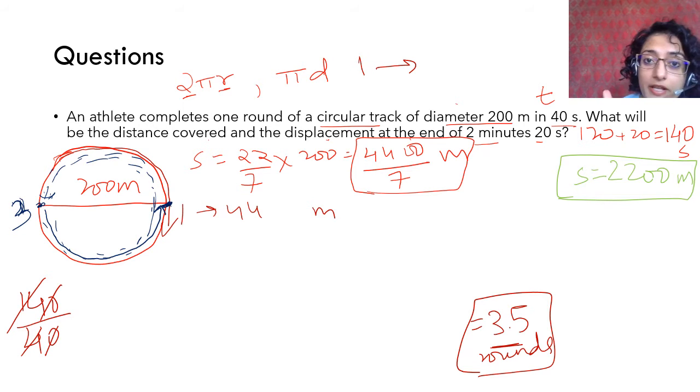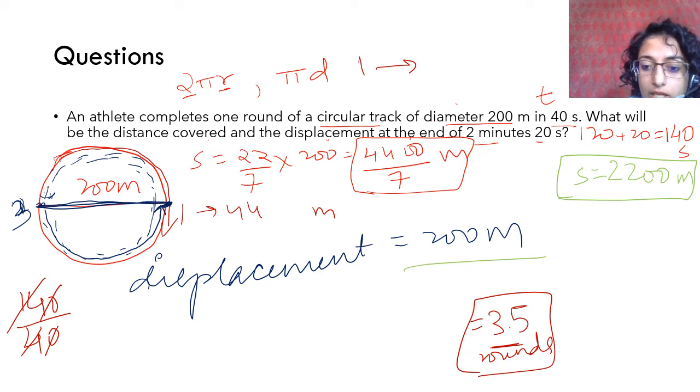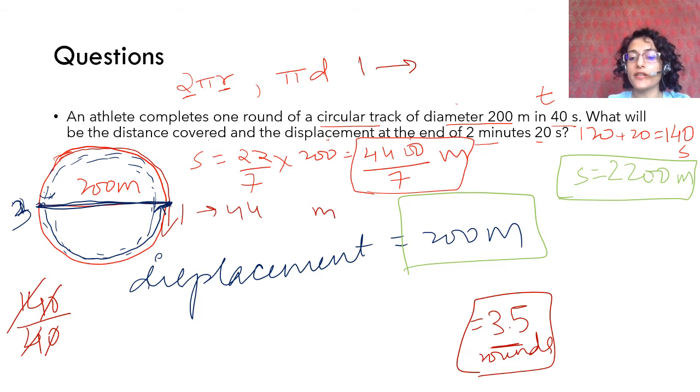Now what is the displacement from this point to this point? It is the shortest distance, which means the diameter. So the displacement is 200 meter only. He has run 2200 meter, but his displacement is only 200 meter. Do you understand?